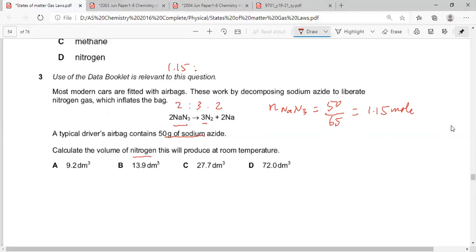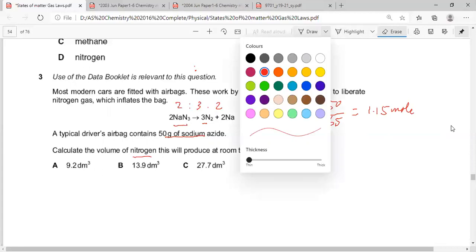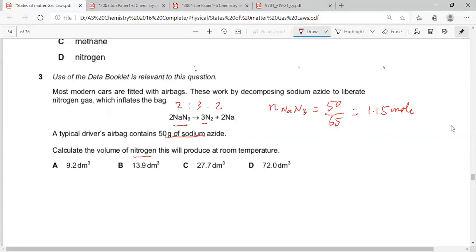Oh, sorry, what am I doing here? I'm trying to hurry and I got all in a mess. Look at the clock. Here, of course, this is not 1.15.